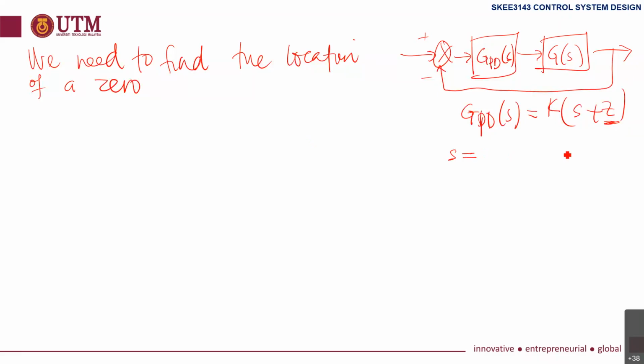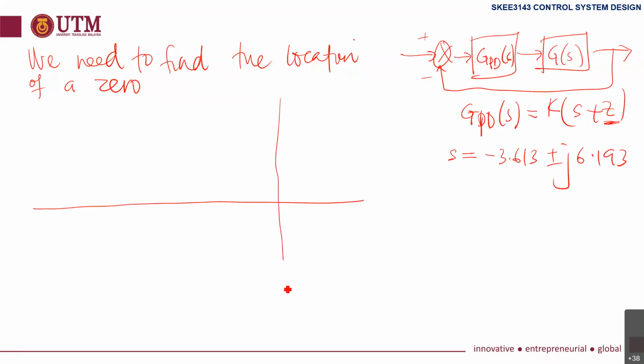Our desired pole is as calculated before, minus 3.613 plus minus j 6.193. Now we want to plot on the s-plane.